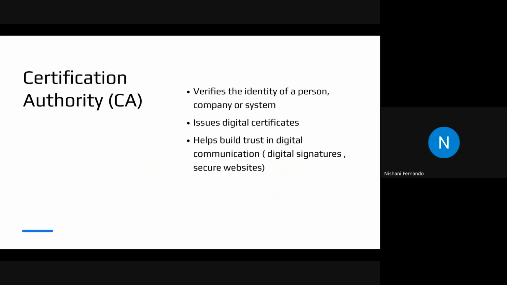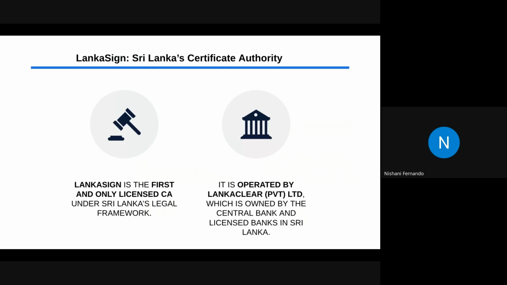Okay, so that is the work that this certification authority does. For Lanka Sign, because this is owned and issued by the government, any digital signature work related to the government that is approved goes through Lanka Sign. If the government work needs to be done through a digital platform, it needs to go through the Lanka Sign platform because that is the only government authorized one.